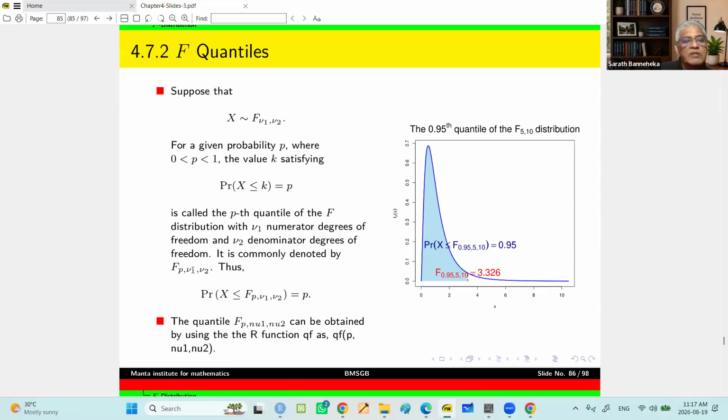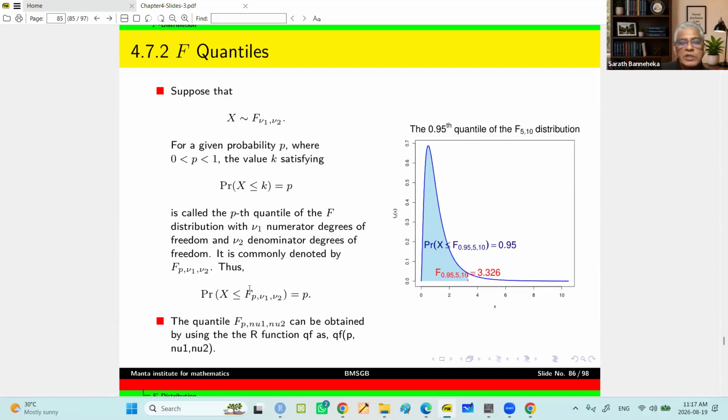The first one is the numerator one, second one is the denominator. So that is the common notation for a pth quantile of an F distribution. So for this pth quantile, the probability X less than or equal to that quantile is equal to simply P, right? We can obtain this value when we know the value of P and nu1 and nu2.